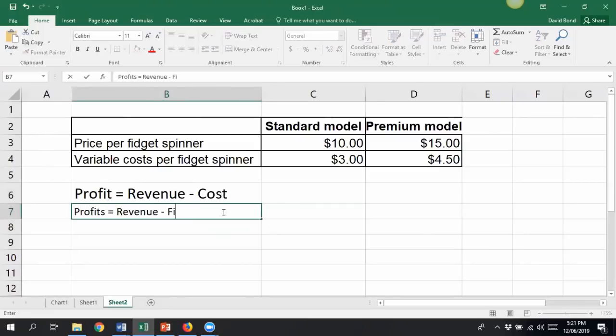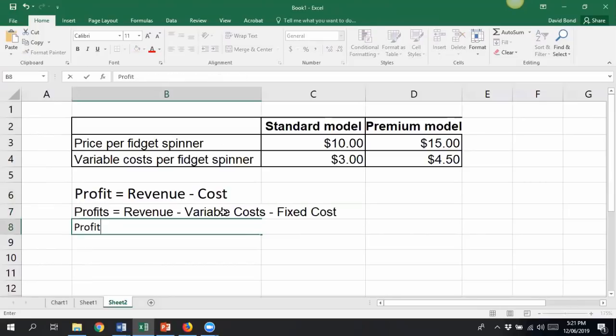Profit equals revenue minus variable costs minus fixed costs. Profit is price times quantity minus variable costs per unit times quantity minus fixed costs.